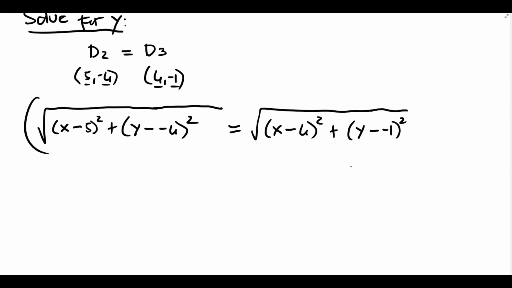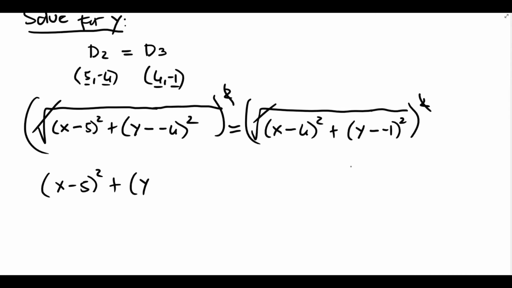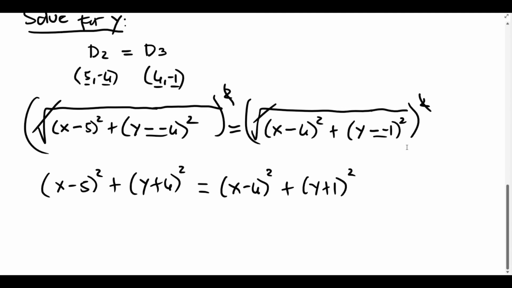Again, we need to square both sides to omit this radical. So cancel the square root. We have now (x minus 5) to the power 2, plus (y plus 6) to the power 2, with the double negative, equals (x minus 6) to the power 2, plus, with the double negative, (y plus 1) to the power 2. Then this time, substitute the value for x.